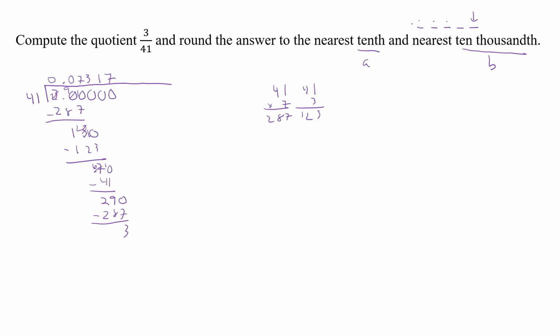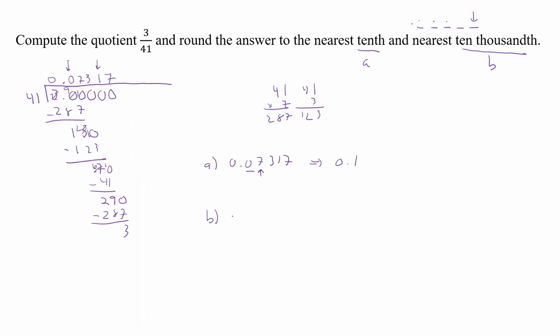And so what we need to do is round to the nearest 10th, which is this one, and to the nearest 10,000th, which is this one. So for A, we have 0.07317. We round to this position, so that's a rounding digit. Well, that is greater than or equal to 5. So that says we have 0.1 as our answer, rounded to the nearest tenth.